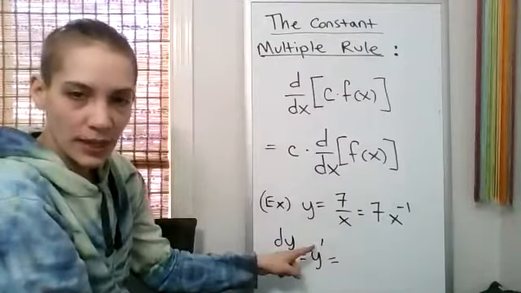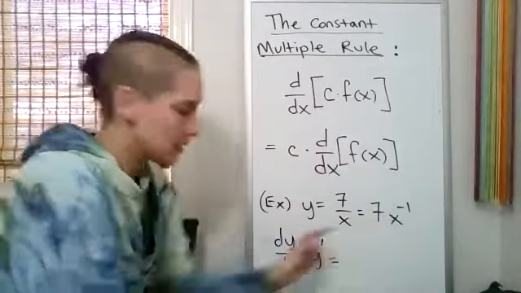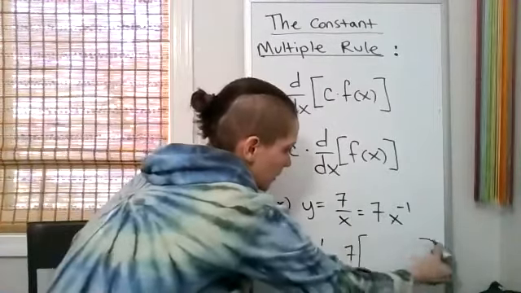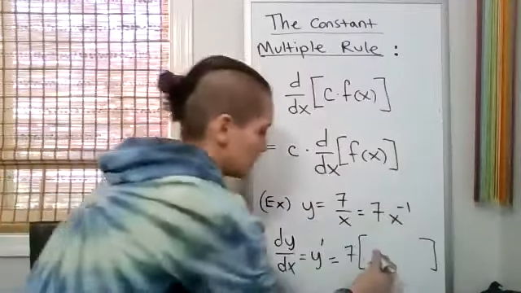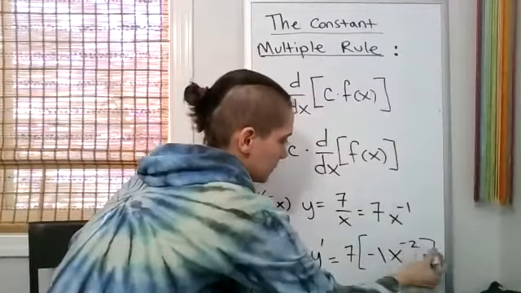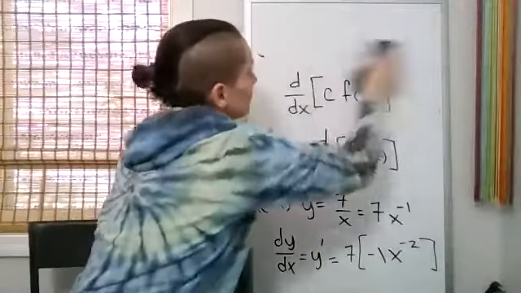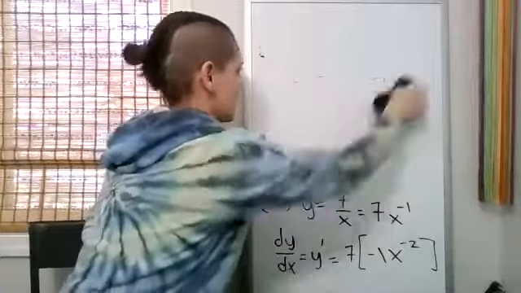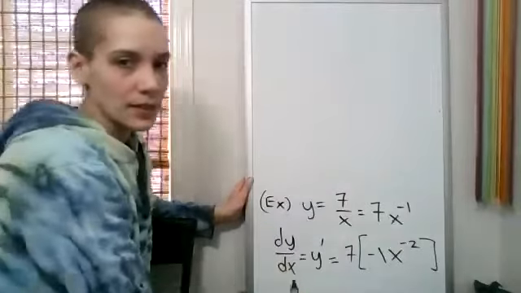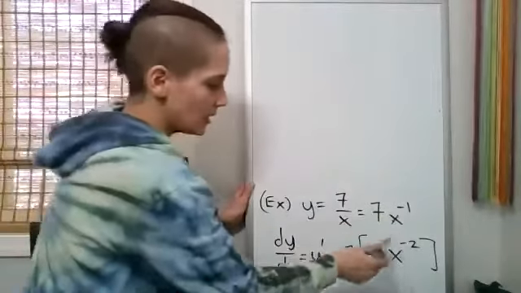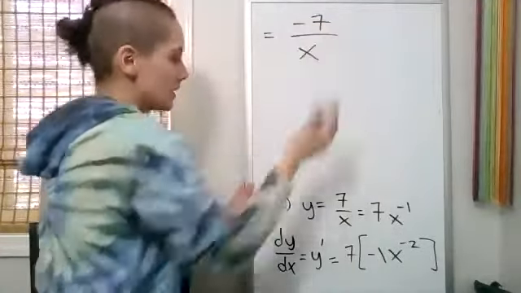So we're taking the derivative of y with respect to x, which would be 7 times, bring down -1, x to a power of -2. And we want to rewrite that to look a little nicer, easier to read. I've got -7 over x to the +2.